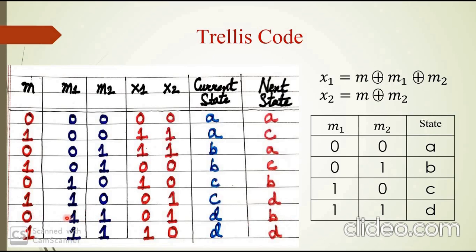So the next state will be 0 1. 0 1 means B. So the next state will be B. And if current state is 1 1, it means in state D, and current input is now 1 here. Then next state will be 1 1. It means it will be in state D.